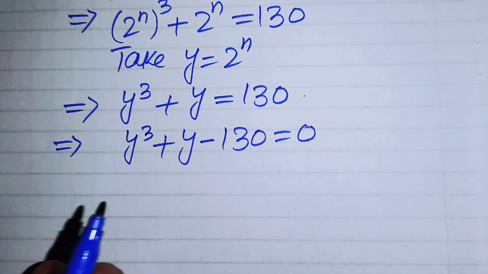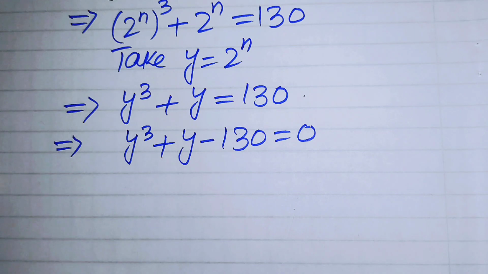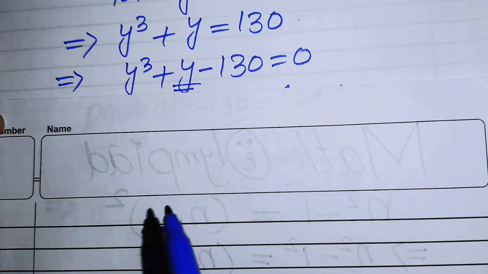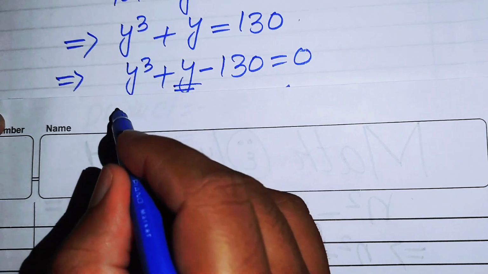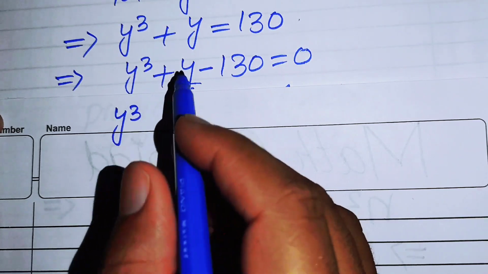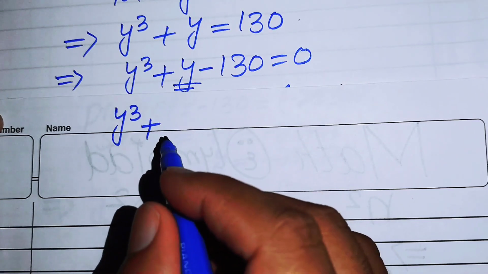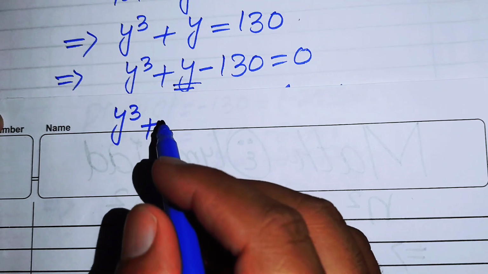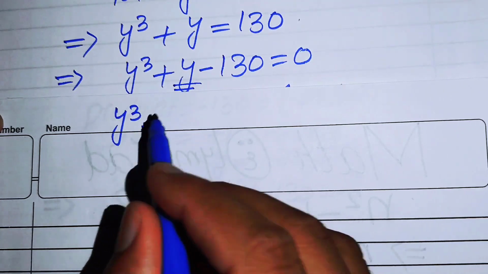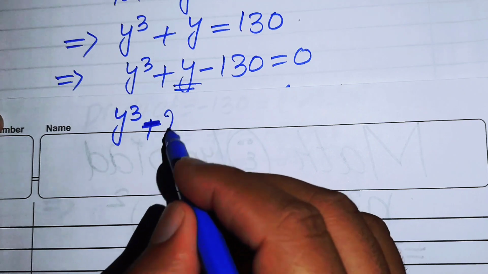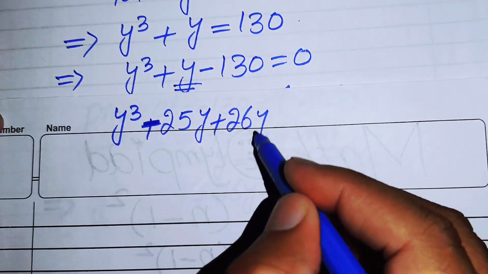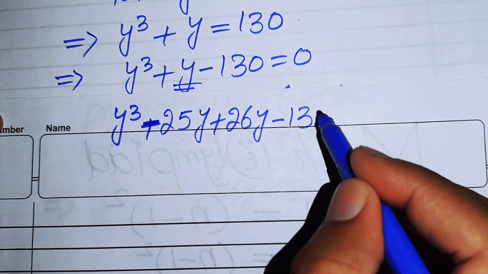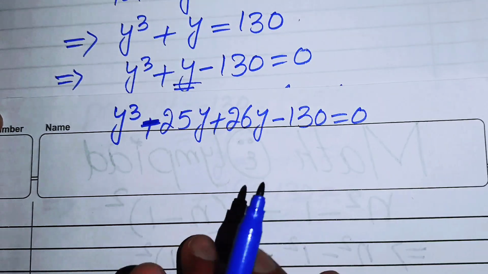And now we can factor this equation, so I can break the middle term here, and we can write this plus y as minus 25y plus 26y minus 130 is equal to 0.